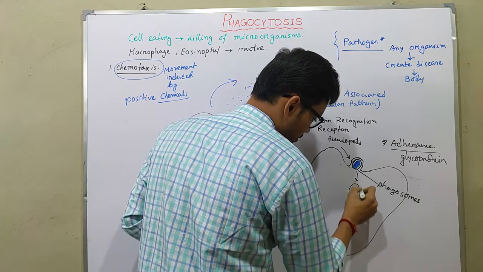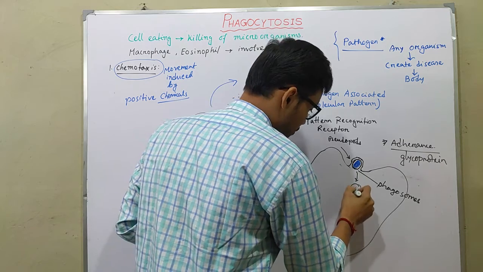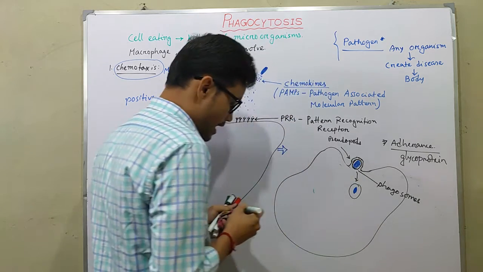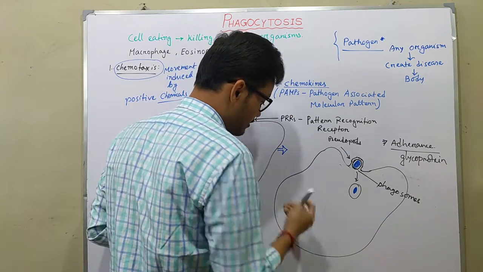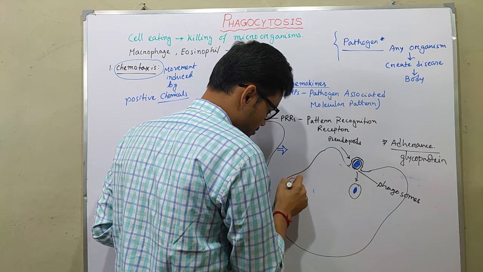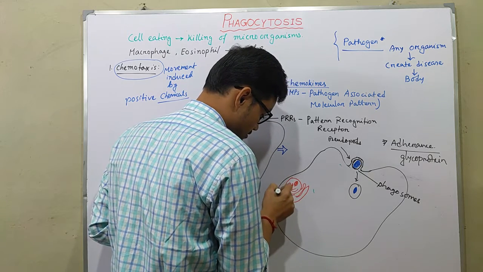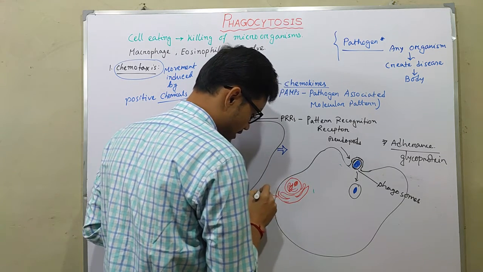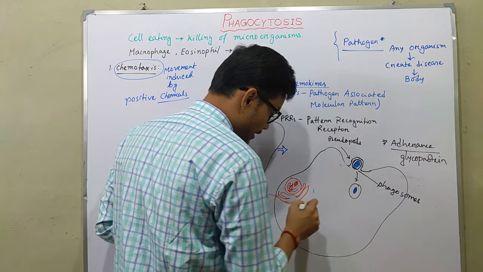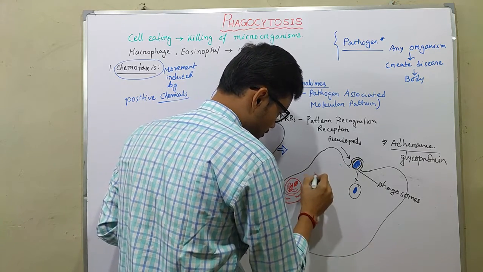Phagosomes are now internalized inside of the macrophage or eosinophil, and from here we have the nucleus, we have our ER, and now we have Golgi bodies.